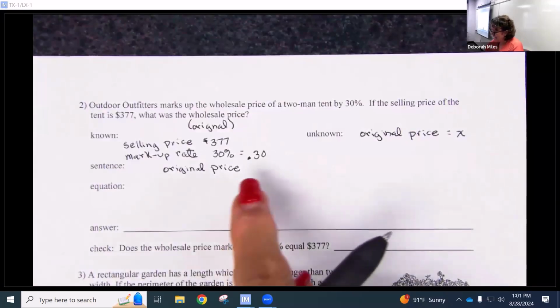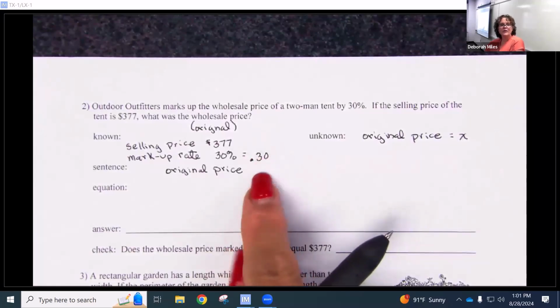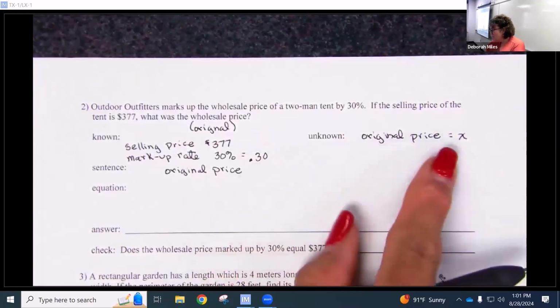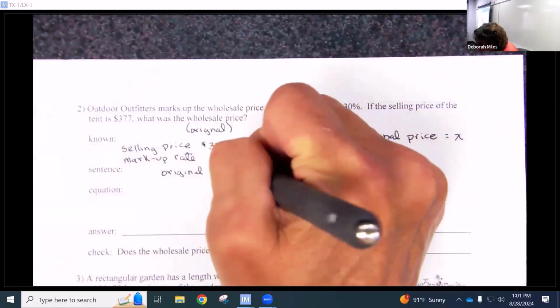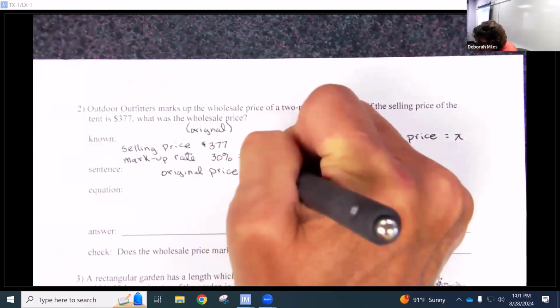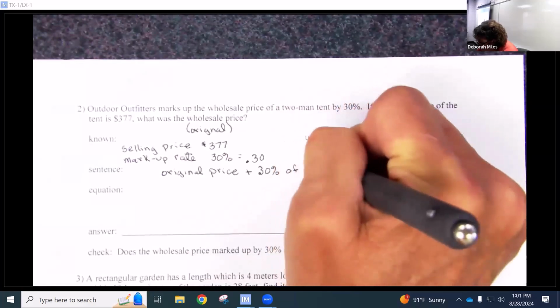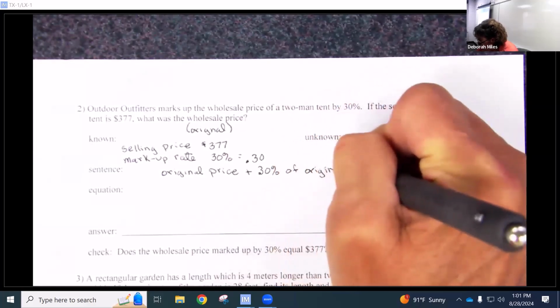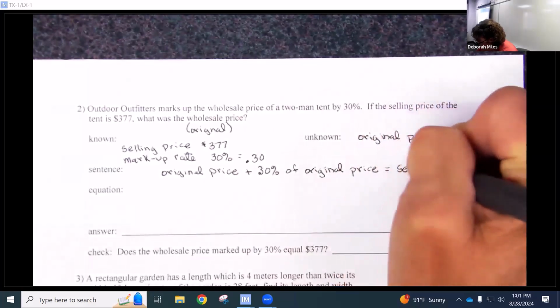And you don't just add 30 cents, you add 30% of the original price. So the original price plus 30% of the original price. That's how you get your selling price.